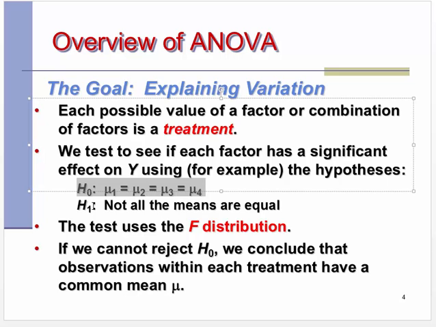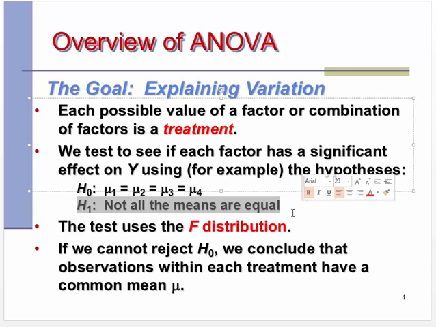H null is mu1 equals mu2 equals mu3 equals mu4. That is the mean of the dependent variable under different treatments. And H1 is that not all means are equal. So at least one of them is not the same as the others.